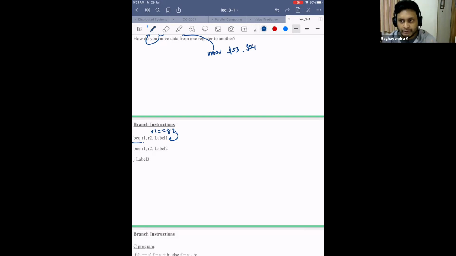Of course, this will be converted to the program counter, which we already saw. But when we are writing assembly, we can just use labels. So if R1 is equal to R2, then the control will go to label 1. Similarly, if R1 is not equal to R2, then I will go to wherever I have specified as label 2. We'll see this in a short moment.